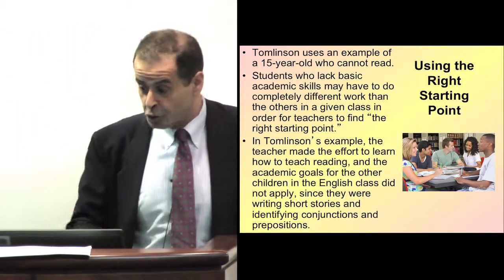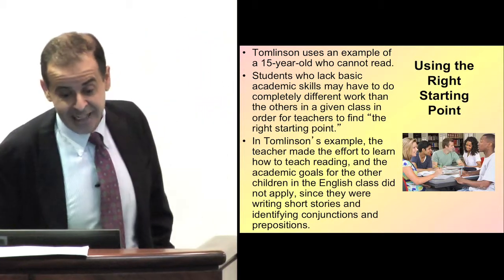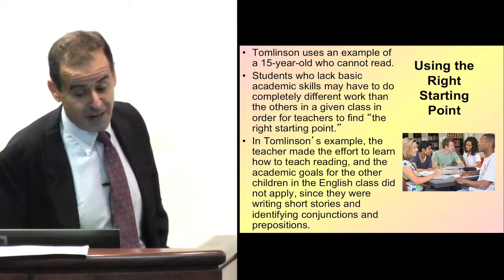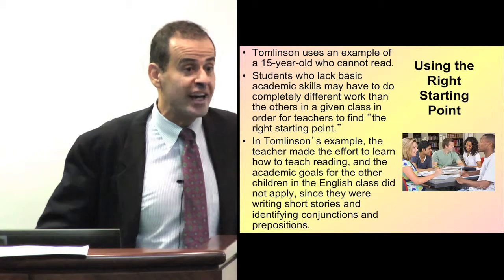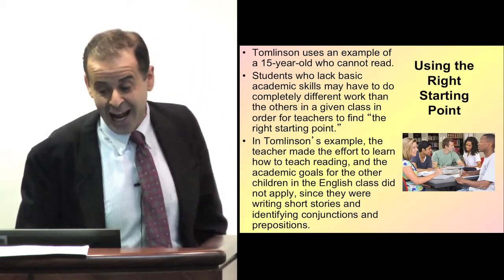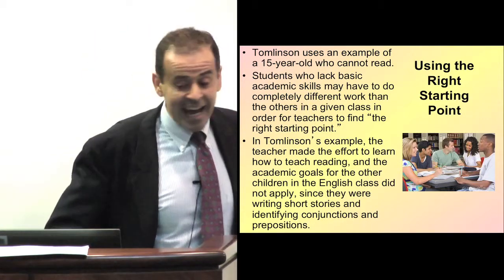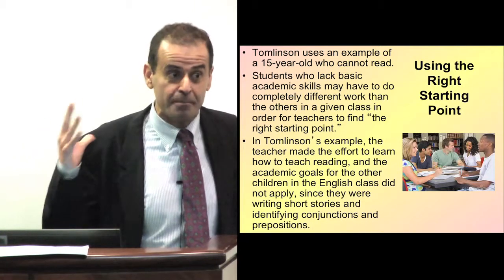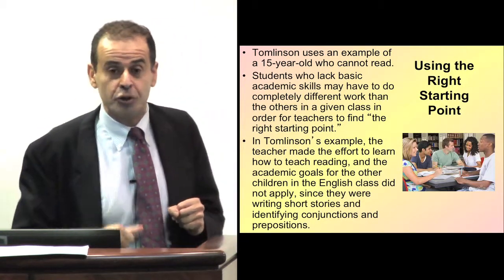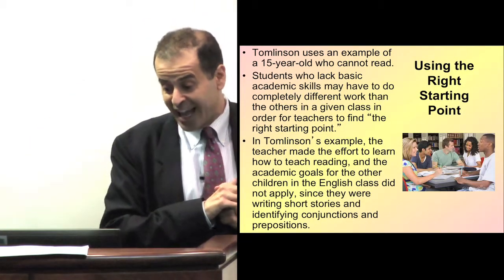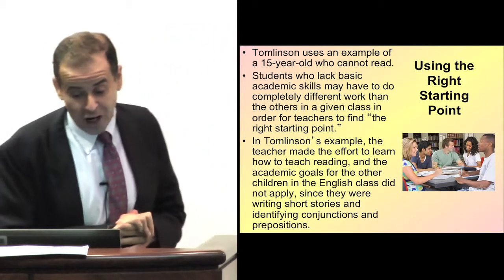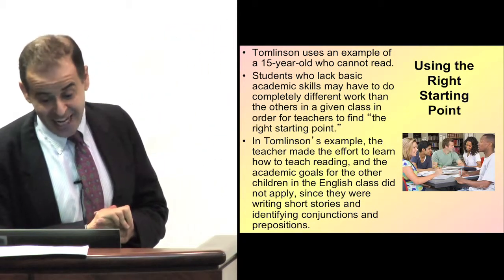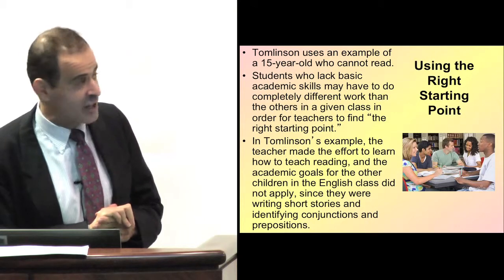Using the right starting point. In Tomlinson's paper, she talks about a 15-year-old who couldn't read. And she talks about how the teacher, in this case, had to teach in a completely different manner in order for that student to benefit the most out of the class. The other students were writing short stories and identifying conjunctions and prepositions.